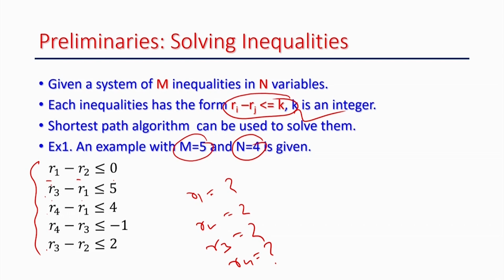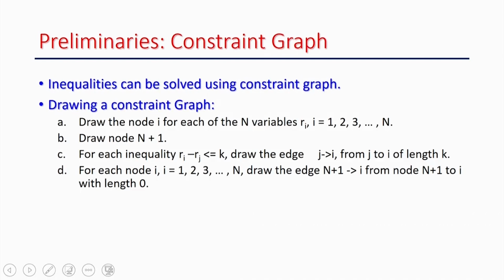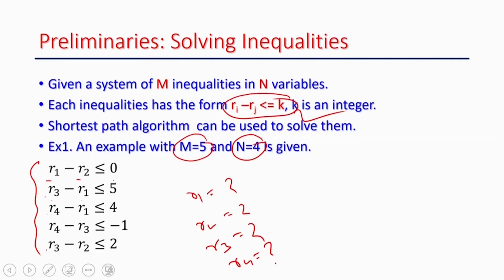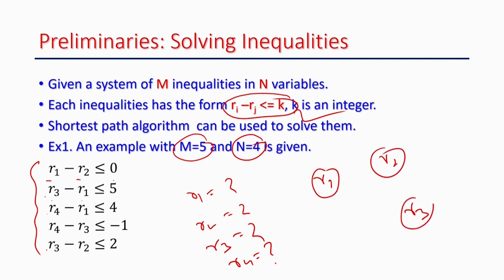So we understood that we have a set of inequalities over n variables, and we have to find the values of the variables which satisfy all these constraints. For that, we construct a graph out of it. For each variable I will consider a node, so I have four variables here: R1, R2, R3 and R4.